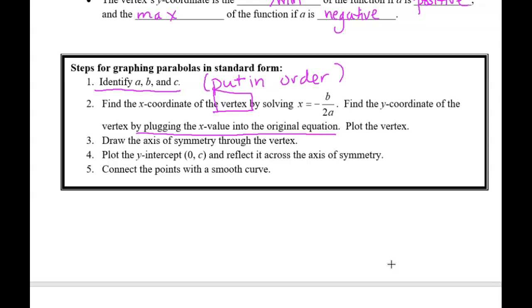Then we always plot that point first. Then we draw the line of symmetry, and that means we really only have to find half of the values, because the other half is the mirror image. Then we find the y-intercept by substituting x equals 0. And then we can connect the points. For a parabola, we really need 3 points minimum.